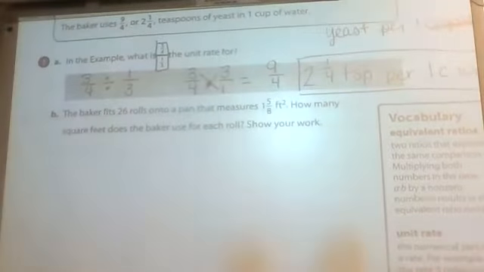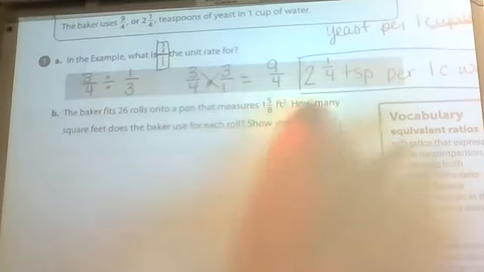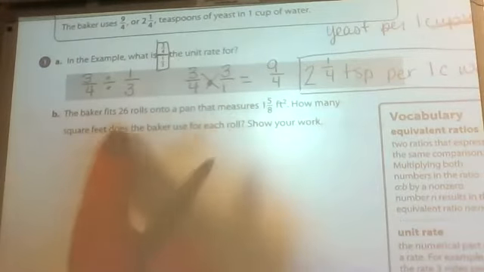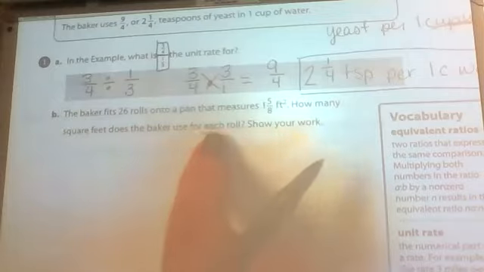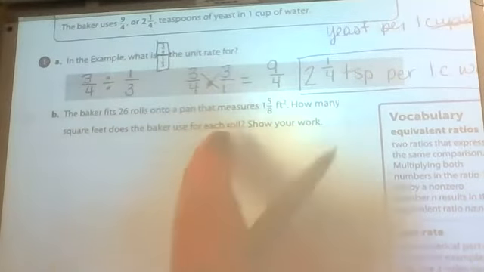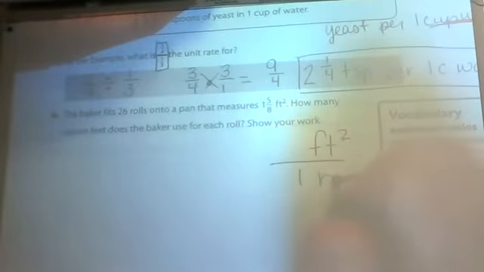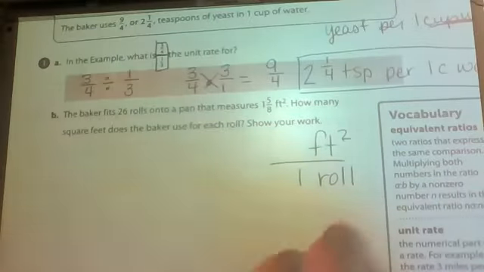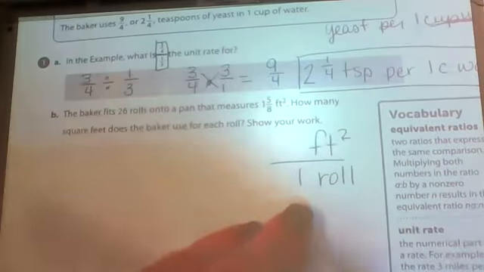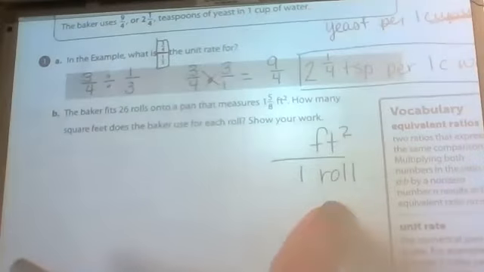Okay, all right, let's look at B. The baker fits 26 rolls on a pan that measures 1 5/8 feet squared. How many square feet does the baker use for each one roll? So we're looking for how many feet squared per 1 roll. That's how we would set up our fraction, with the feet on top and the rolls on the bottom.